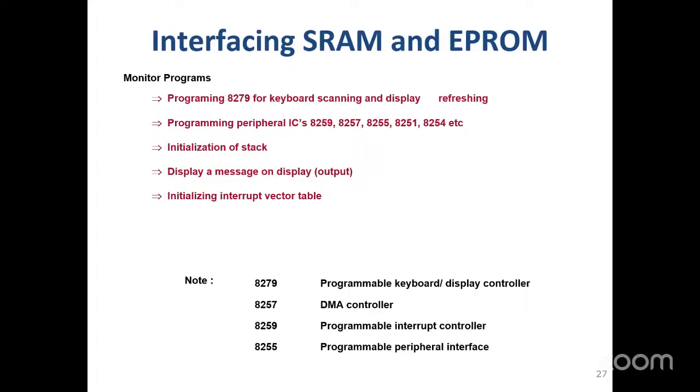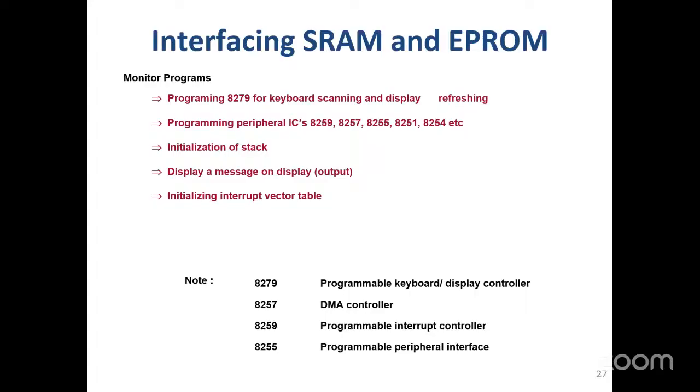We have 8257, 8259, and one more controller, 8251. Not 8051, 8251. The 8255 is the programmable peripheral interface, PPI. 8259 is the programmable interrupt controller, and 8257 is the DMA controller.